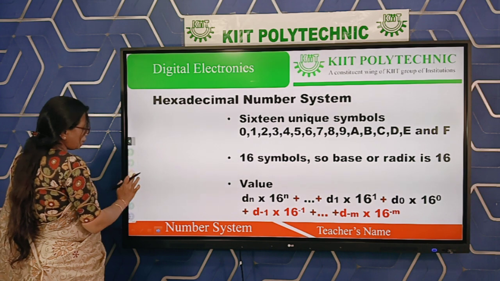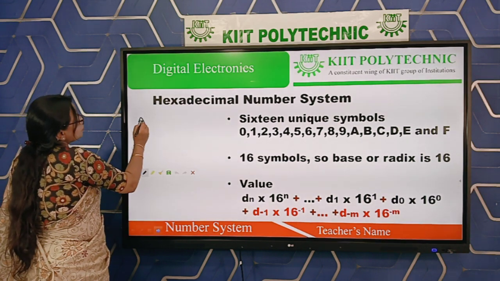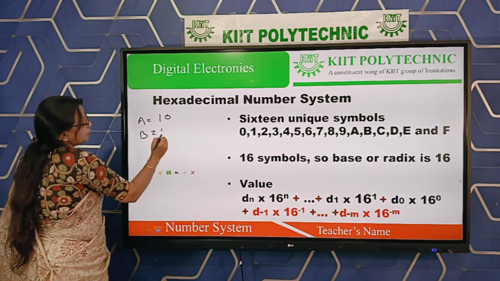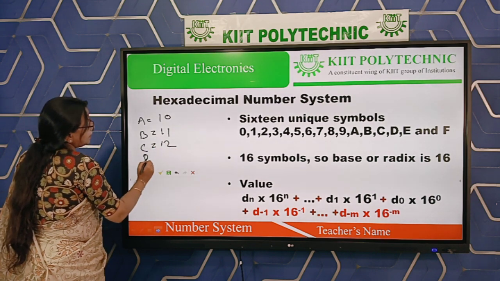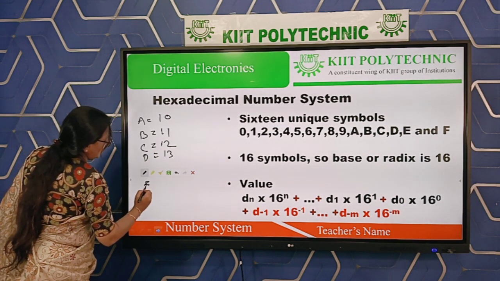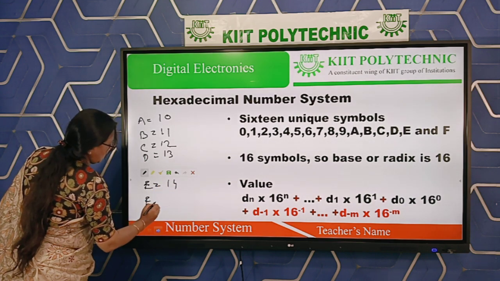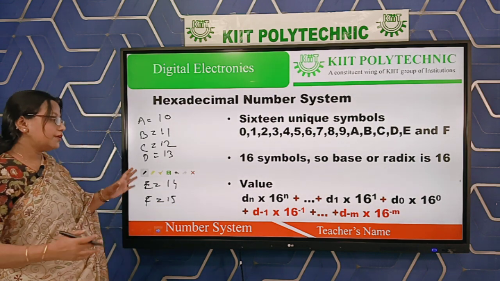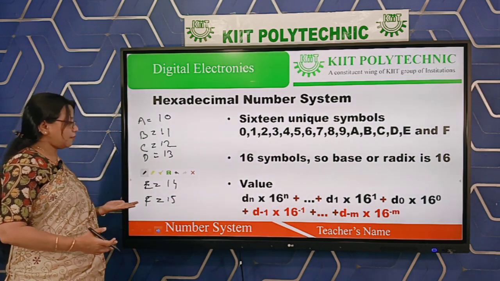The equivalent number for A: A equals 10, B equals 11, C equals 12, D 13, E 14, F 15.